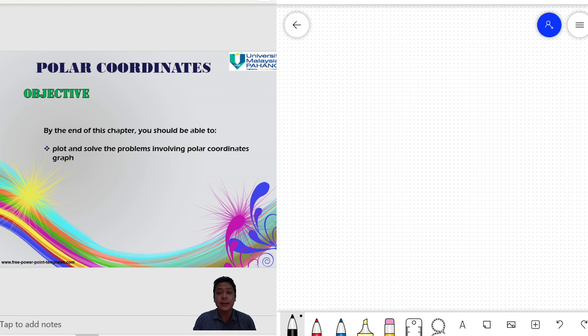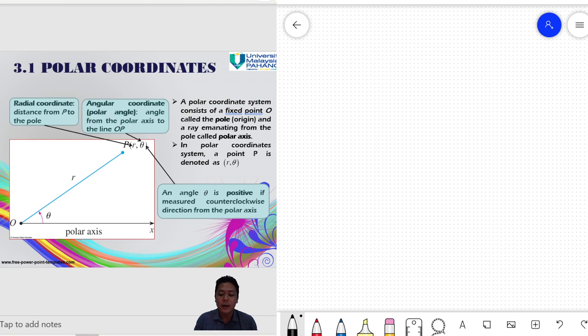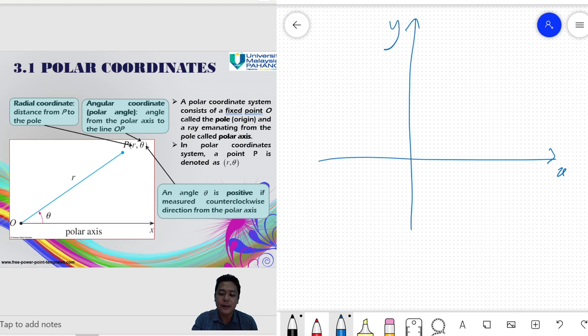So we will start first on how to plot the polar coordinates. Normally, in the Cartesian coordinates, suppose there is a point here.